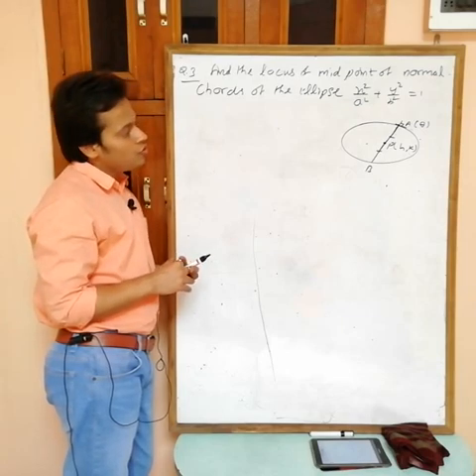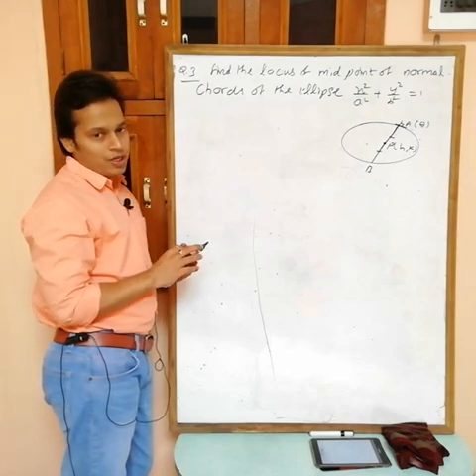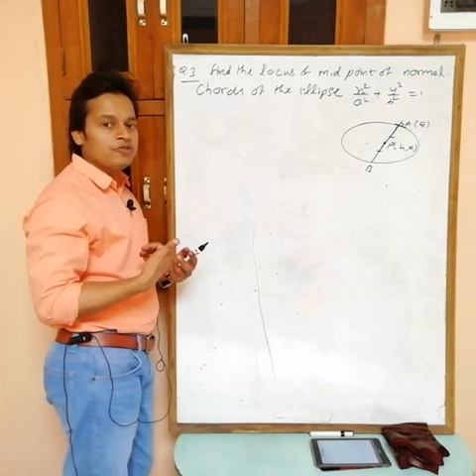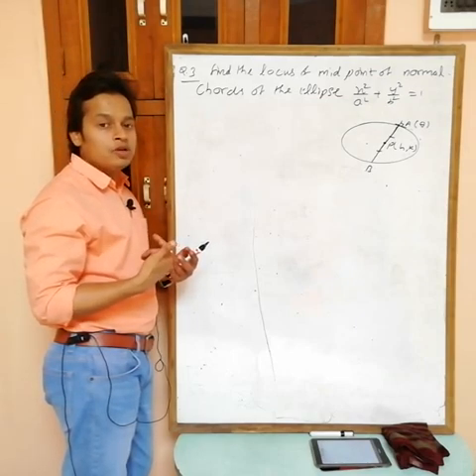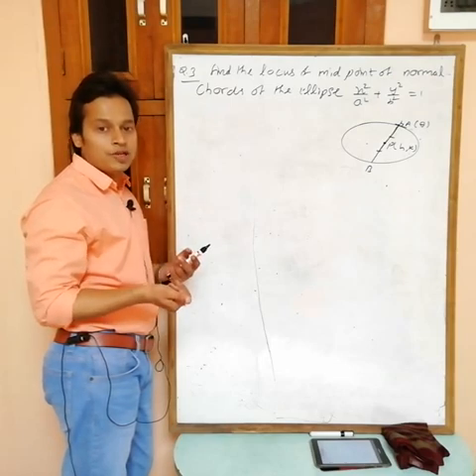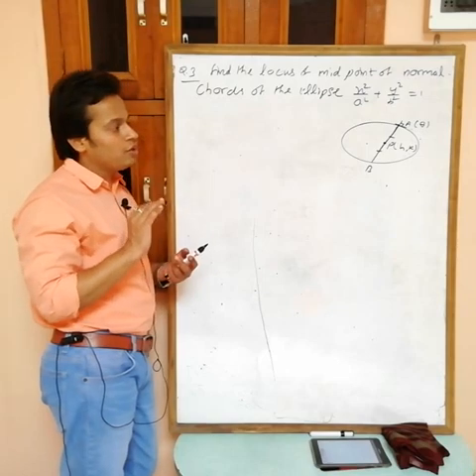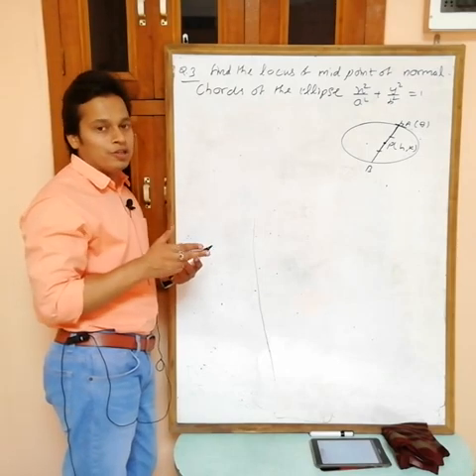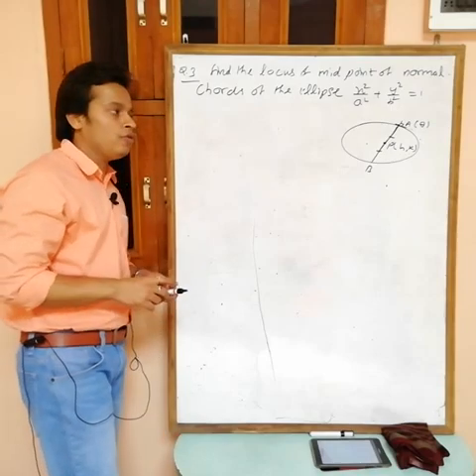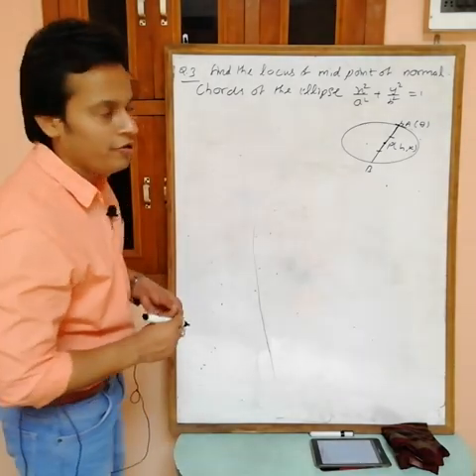And also (h,k) is the midpoint of this chord, so again I can find the equation of this chord by using the equation of the chord whose midpoint is given, T equal to S1. So I can find the equation of AB by two methods. Then I can compare both because both are the equation of AB, to get the relation between h and k.